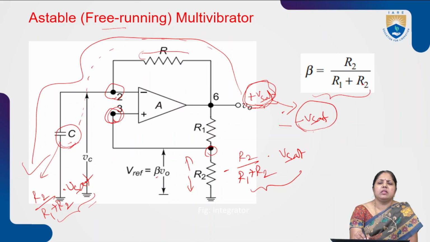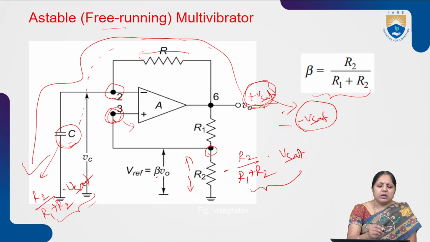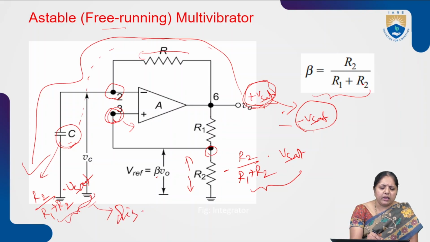This voltage is at terminal 3. Now coming to the capacitor: when the output voltage is minus Vsat, whatever voltage the capacitor has stored, it will start discharging.